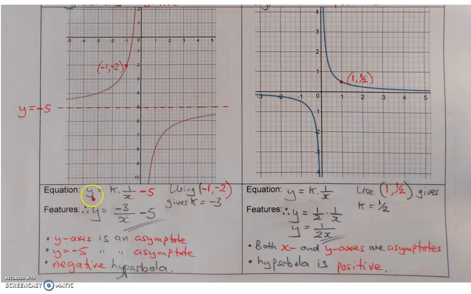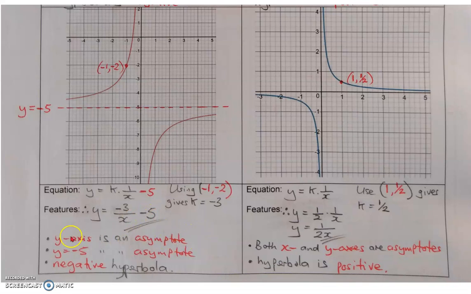And then we've got 1 over minus 1, so that becomes minus 1. So we've got 3 equals k times minus 1. Well, the only way that can be correct is if k itself is minus 3. And so there's your final formula: y equals minus 3 over x, minus 5.